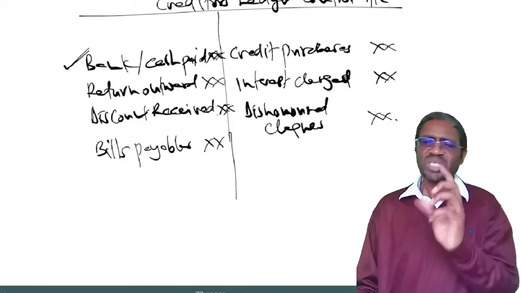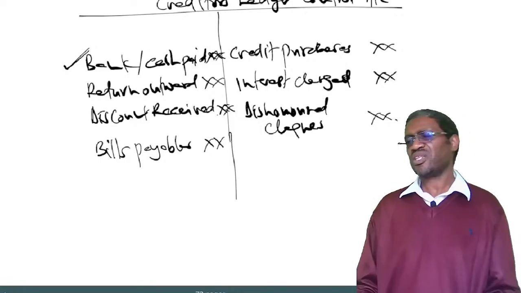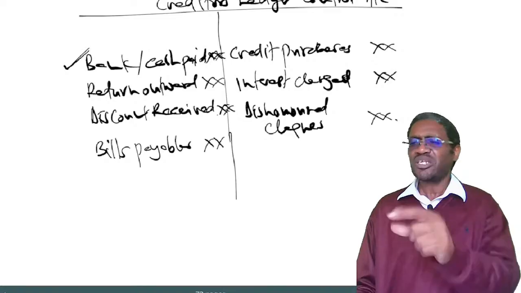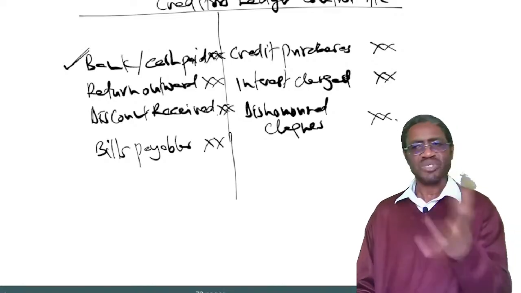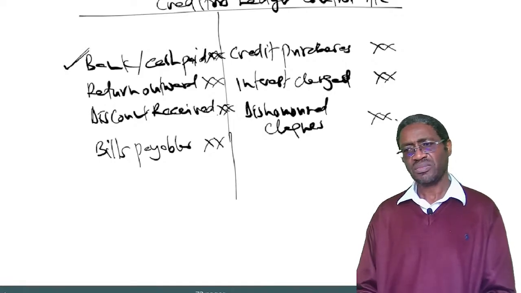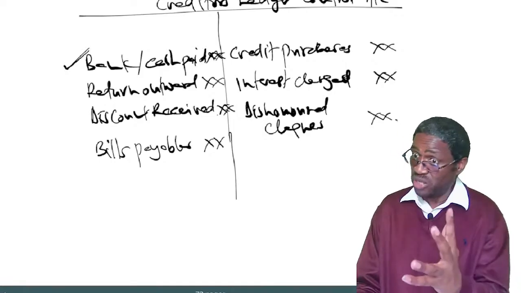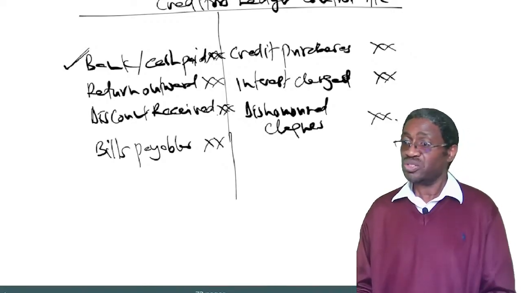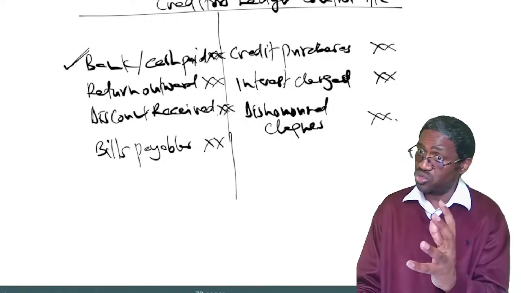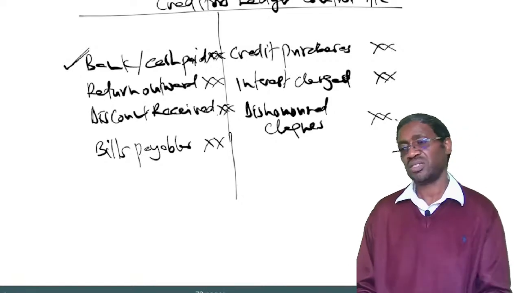Listen, what if after 30 days, that bill which you signed and promised to pay him becomes dishonored? Have you actually paid Kamau? No. So, do you still owe Kamau for the goods you purchased from them? Yes.